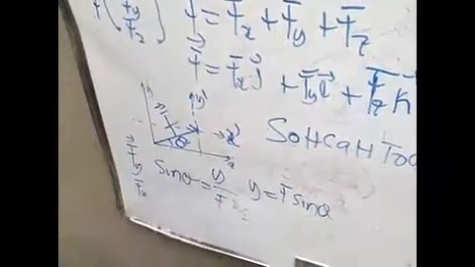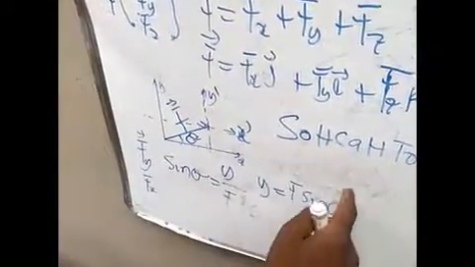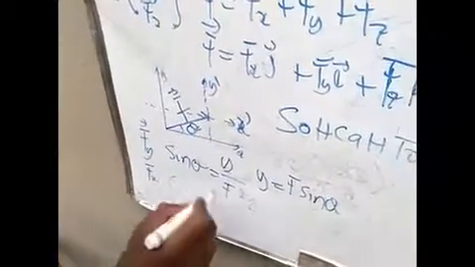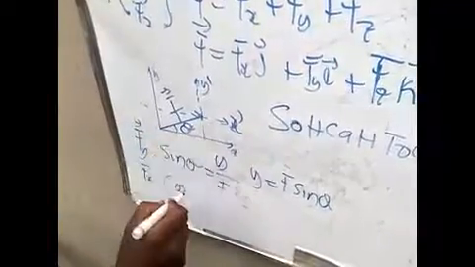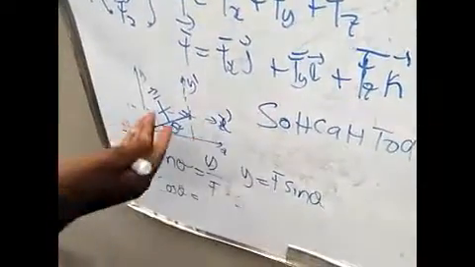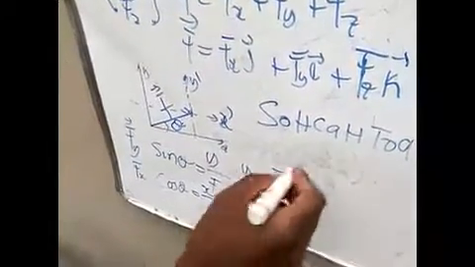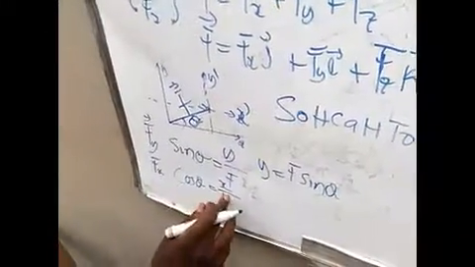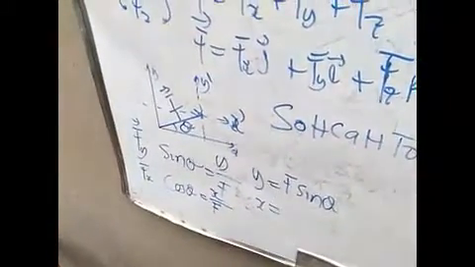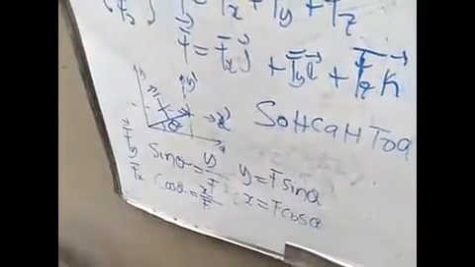Now, let me talk about the x coordinate. Cos is equal to adjacent over hypotenuse. My cos of this angle is equal to the adjacent of the angle, which is x, over my hypotenuse, which is F, which means x is equal to F cos theta.